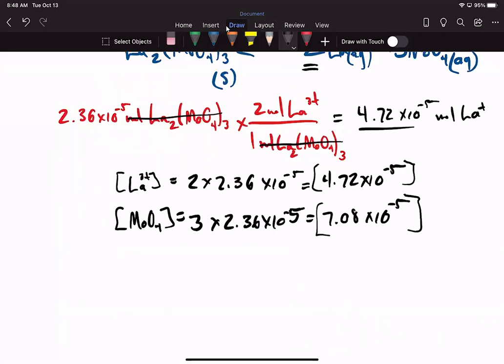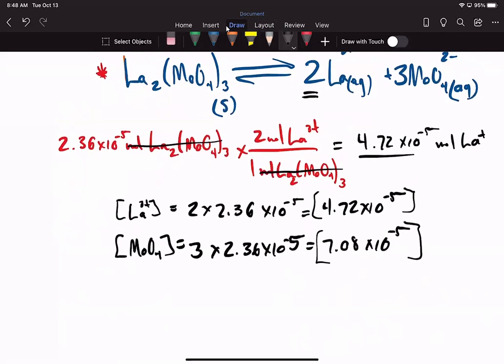All I have to do is look at the formula here, and my Ksp is equal to the concentration of lanthanum squared times the concentration of molybdenum oxide to the third.